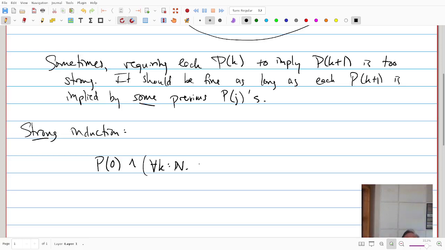But now we're going to say, look, if all of these things together, P0 and P1 and P2 and so on up to Pk, if all of those together imply Pk plus 1, then for all n, Pn.